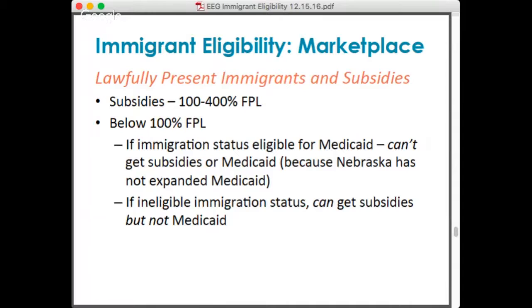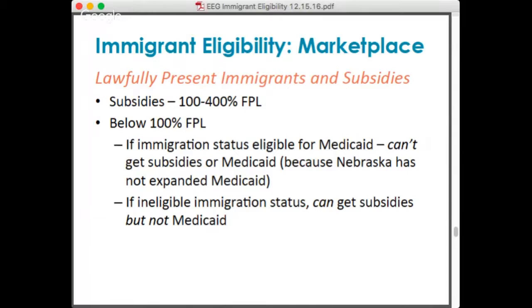However, where this gets tricky in terms of whether you're eligible for subsidies is if you're below 100% of the federal poverty level. Because Nebraska is not an expansion state, we have this tricky situation where if your immigration status would make you eligible for Medicaid, but you can't get subsidies or Medicaid below 100% because Nebraska hasn't expanded Medicaid.